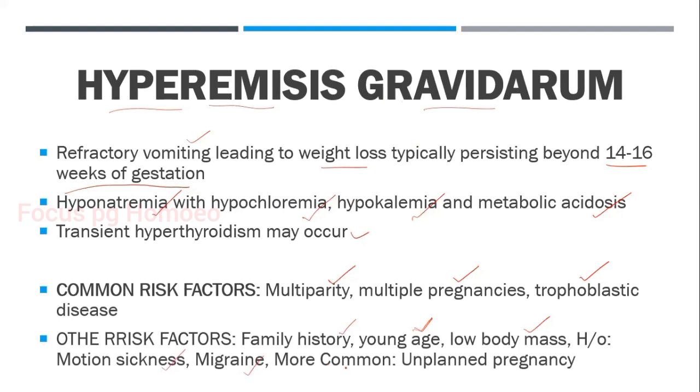And migraine, and a more common risk factor is unplanned pregnancy. Here there are a lot of anxiety issues coming up, and nausea and vomiting is associated somehow psychologically. So that is why hyperemesis gravidarum is more common when there is unplanned pregnancy.